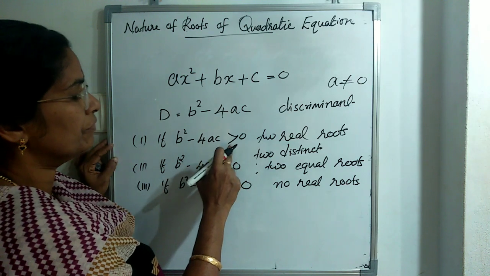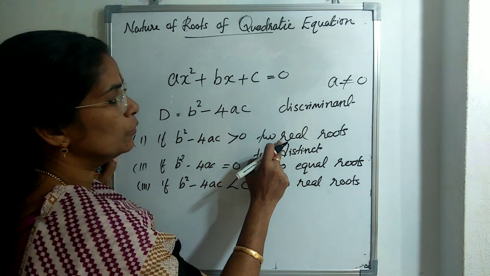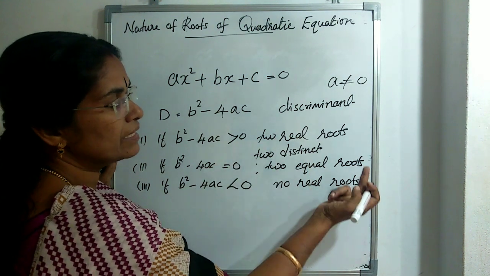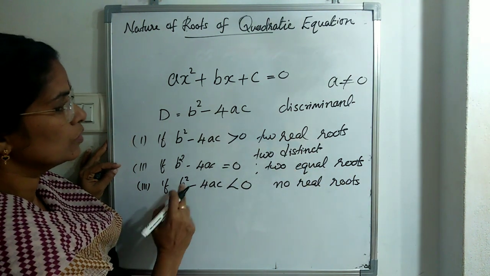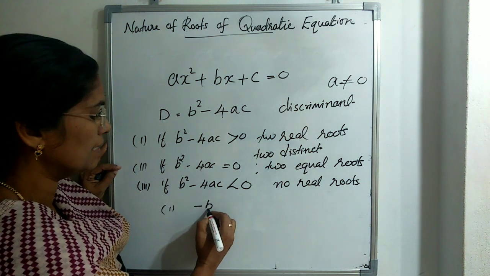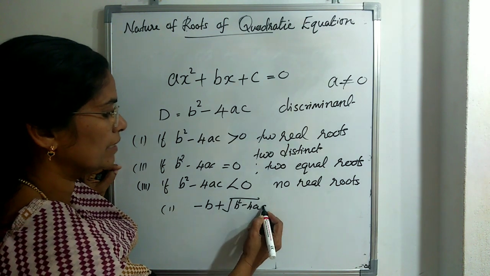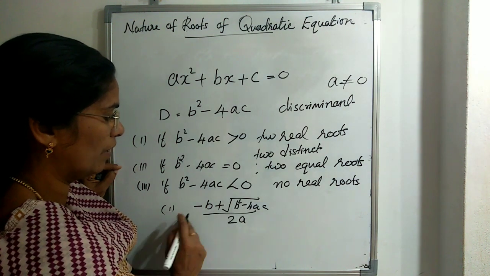Now listen, if b square minus 4ac greater than 0, we will get two real and two distinct roots. The first root is minus b plus root of b square minus 4ac by 2a. This is one root.